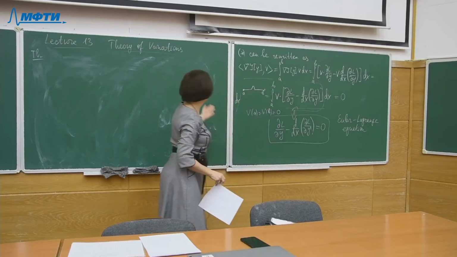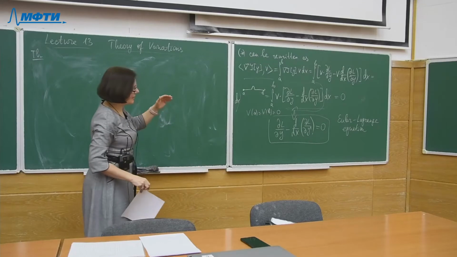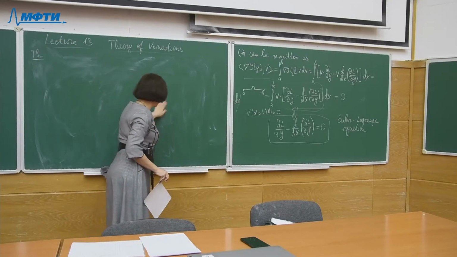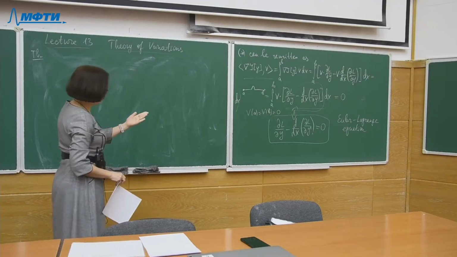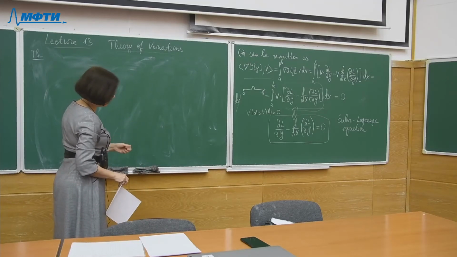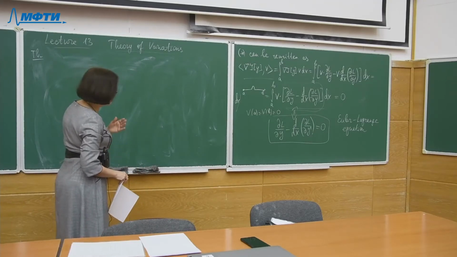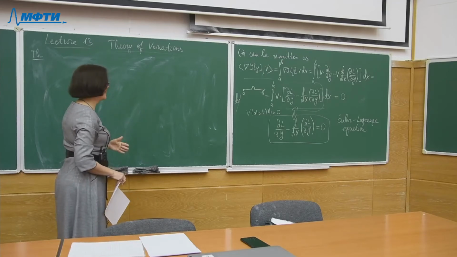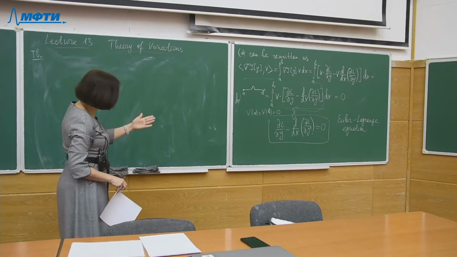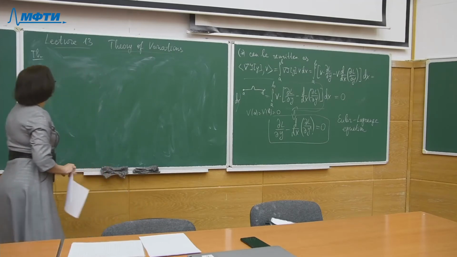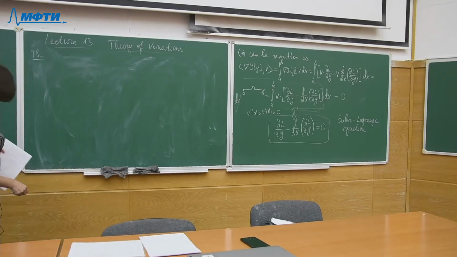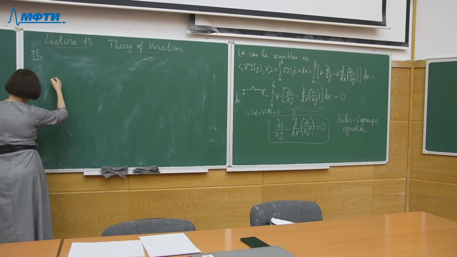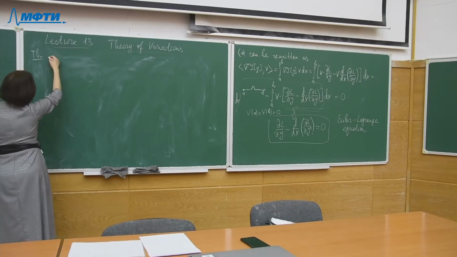But I have decided to omit this lemma because I think it is too difficult to give a detailed proof for this. There is a series of lemmas of such kind. So I will state the theorem. Suppose the Lagrangian function is at least twice continuously differentiable.